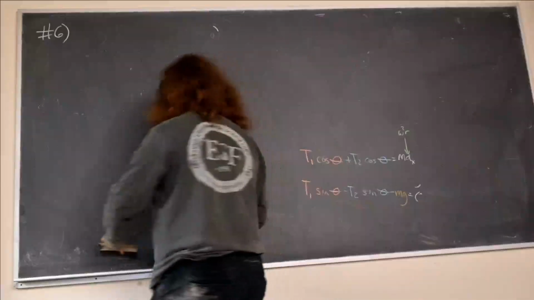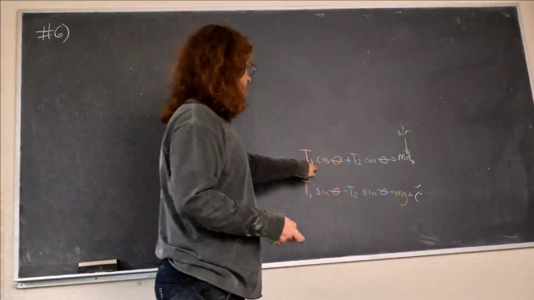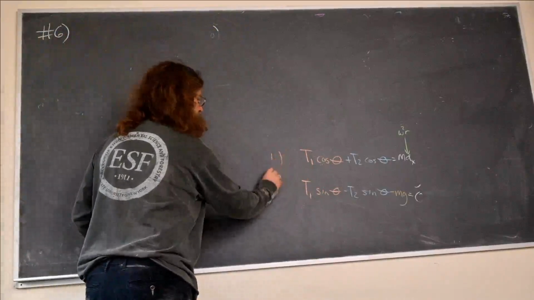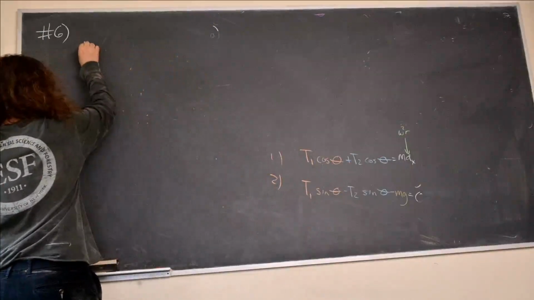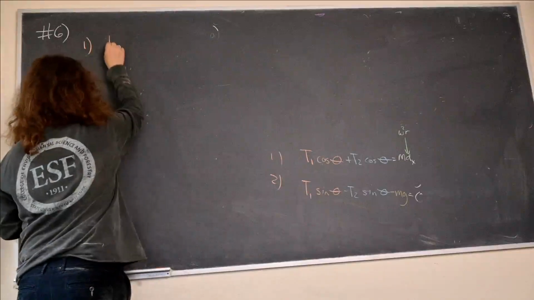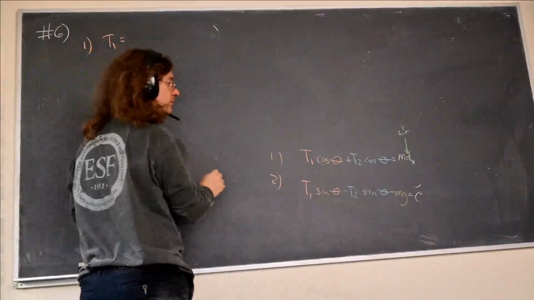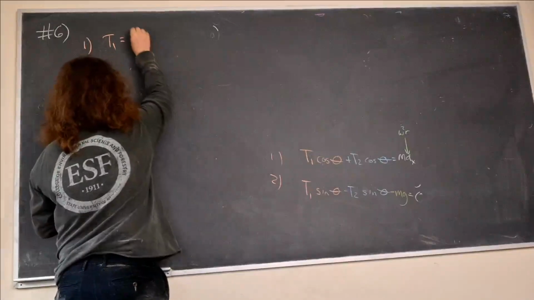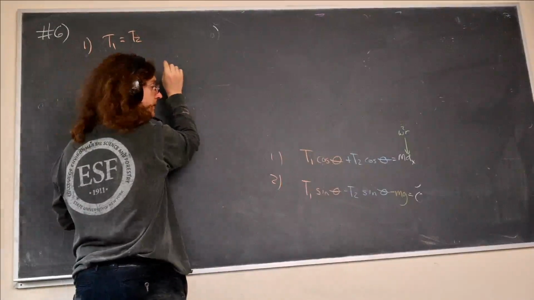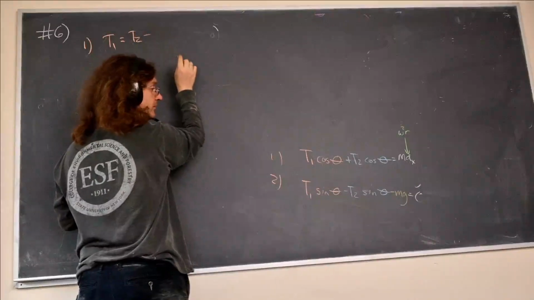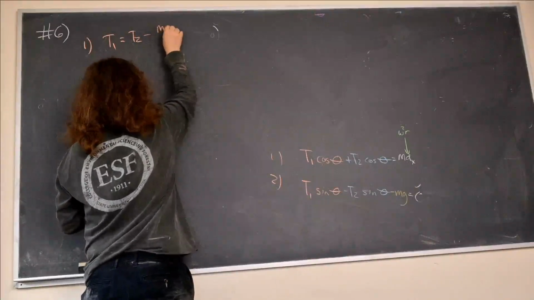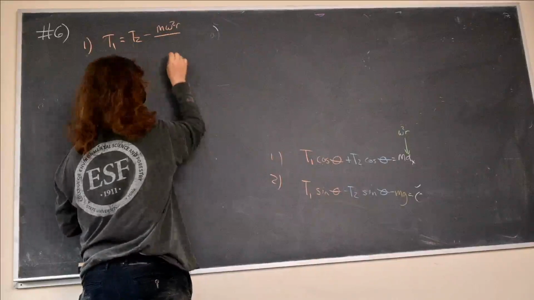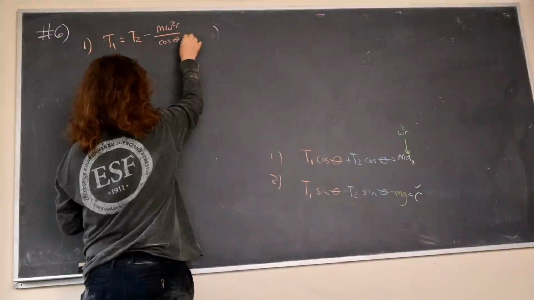So let's restart. So this equation we're going to solve for T1. So equation 1 gives us T1 equals T2 minus m omega squared r over cosine theta.